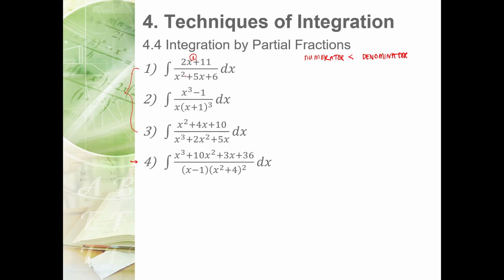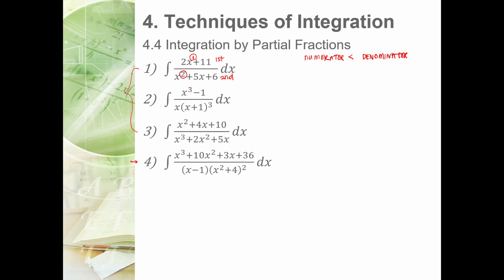And in the denominator, the highest degree, or the exponent, is 2. So this one is first degree, or linear, against second degree, quadratic. As you can see, the numerator is lesser degree than the denominator. So that's the time that you're going to use partial fraction.